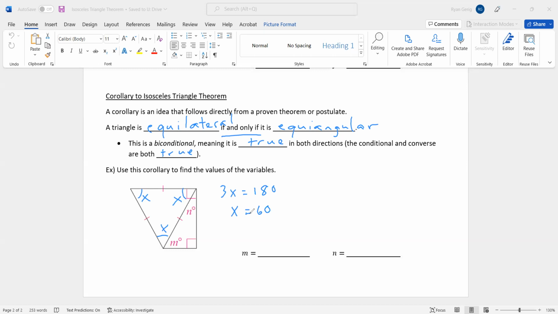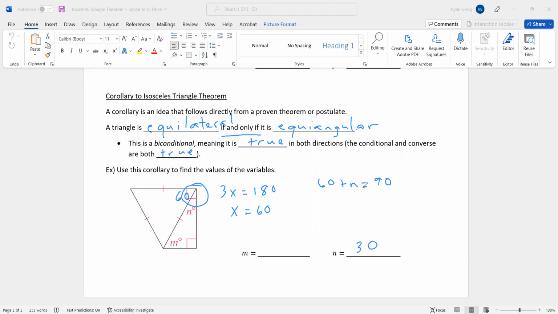So I'm going to go ahead and erase some of this stuff. If this is 60 and the whole thing is a 90, n is what's left. Okay, so 60 plus n has to add up to 90. N has to be 30.